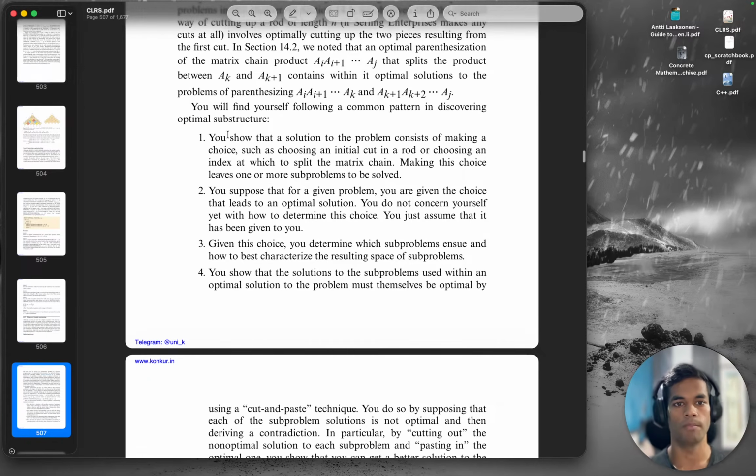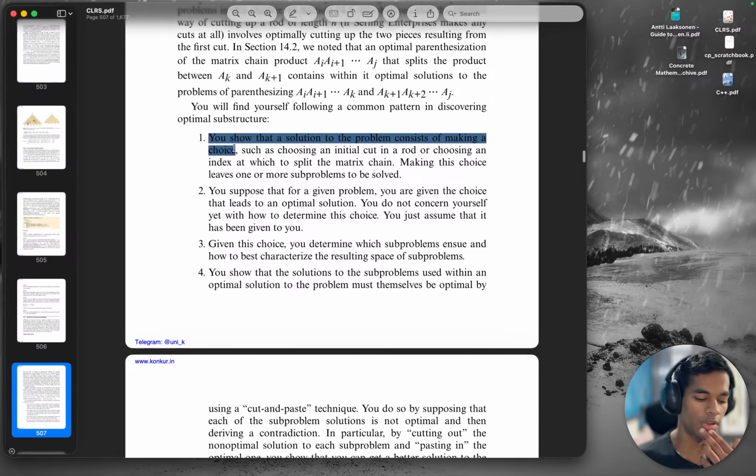You show that a solution to the problem consists of making a choice, such as choosing an initial cut in a rod or choosing an index at which to split the matrix chain. Making this choice leaves one or more subproblems to be solved. Wait, you show that a solution to the problem consists of making a choice. Okay. That makes sense.